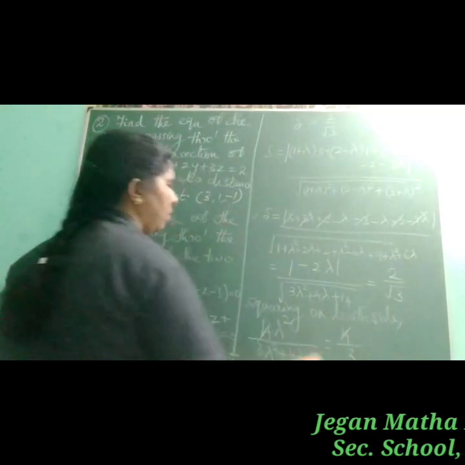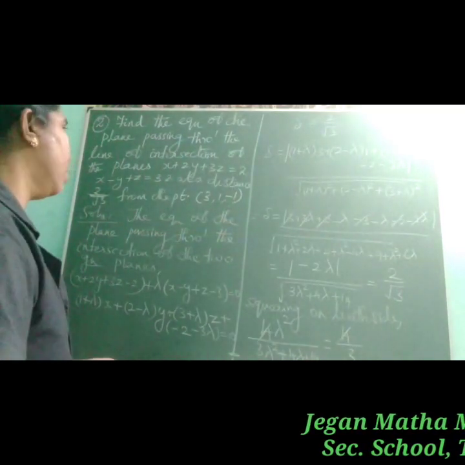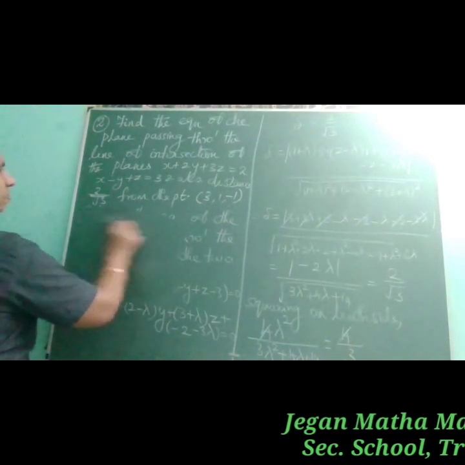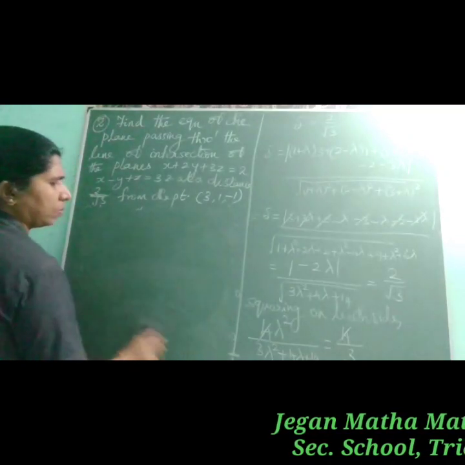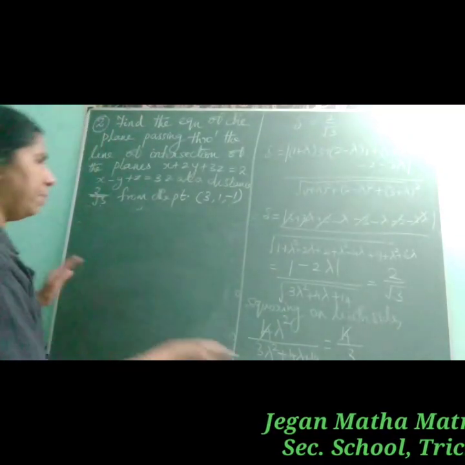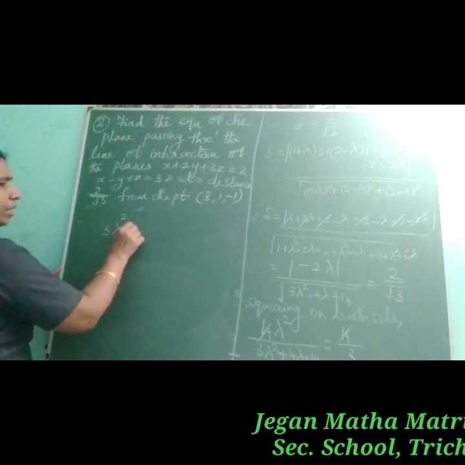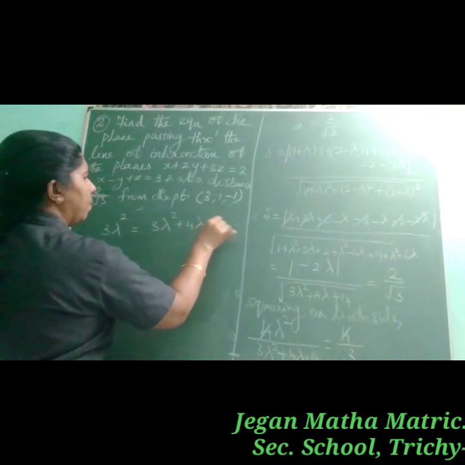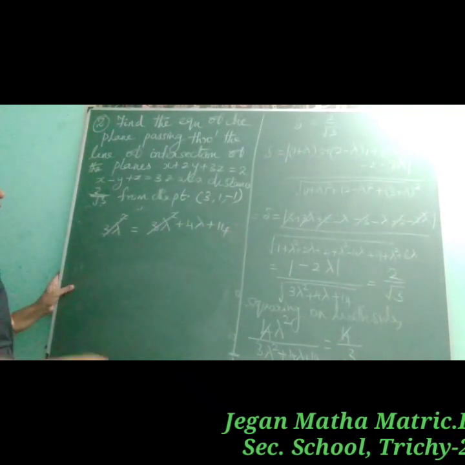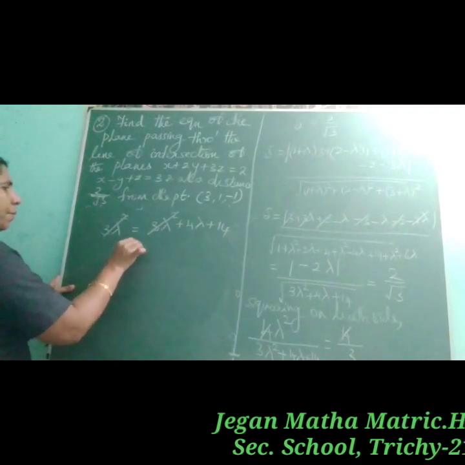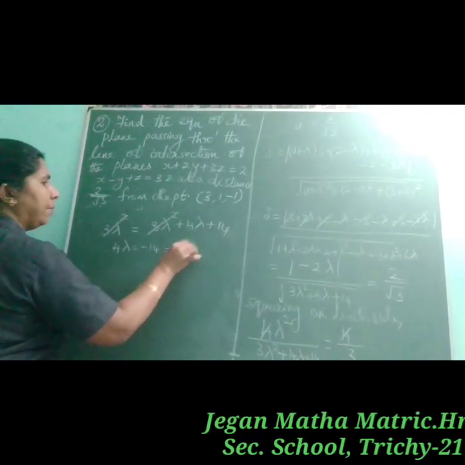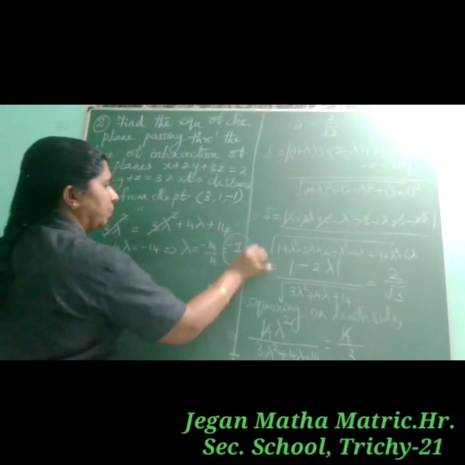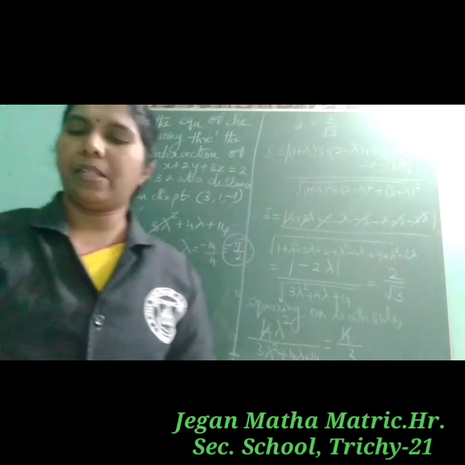This 4 and 4 also cancel. Remaining values, when you are simplifying, we are cross multiplying, we will get 3 lambda square is equal to 3 lambda square plus 4 lambda plus 14. 3 lambda square cancel. Therefore, 4 lambda equal to minus 14, lambda equal to minus 7 by 2.